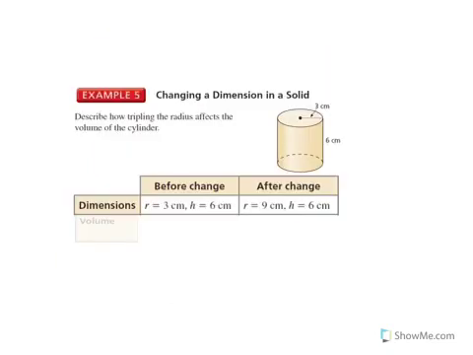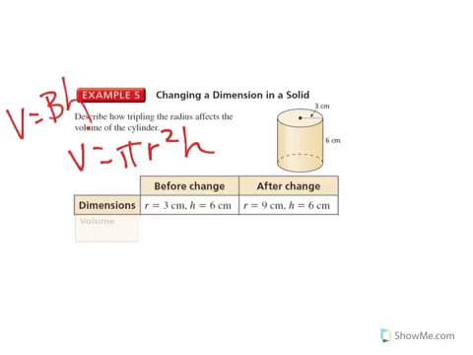Let's try another one, using the cylinder, and we know our formula for the cylinder. The formula for the volume is pi r squared times our height, because remember, the volume formula is area of the base times the height. They've given us a radius and a height over here, then they ask us just to triple the radius.